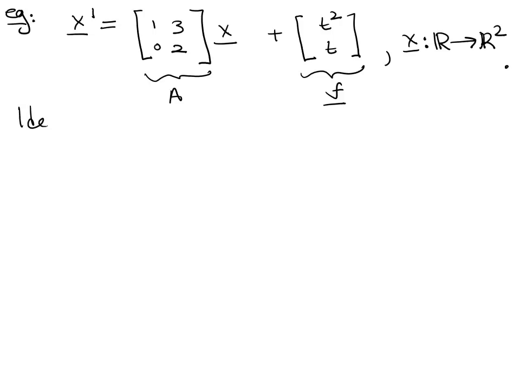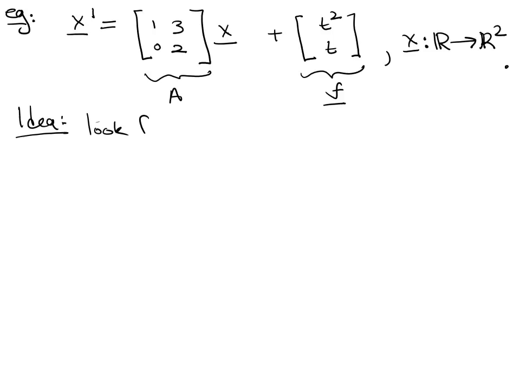Again, the idea is, we're looking for this x so that when you differentiate it, it's equal to itself times some matrix plus a vector of polynomials. So which functions differentiate to polynomials? Well, polynomials.